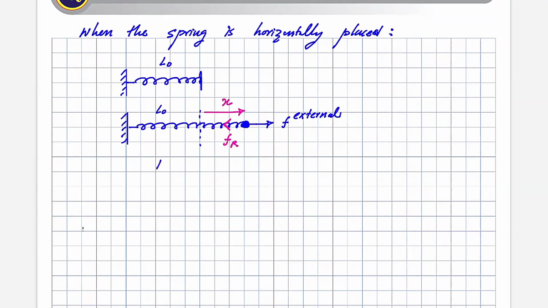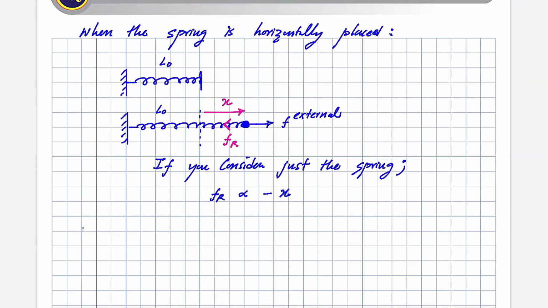Now, if you consider just the spring, you will see that FR is proportional to minus x, right? Minus x. Why that minus? Because of the direction. You can see directions are opposite to each other.